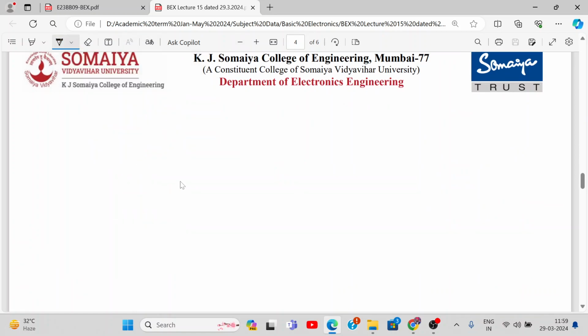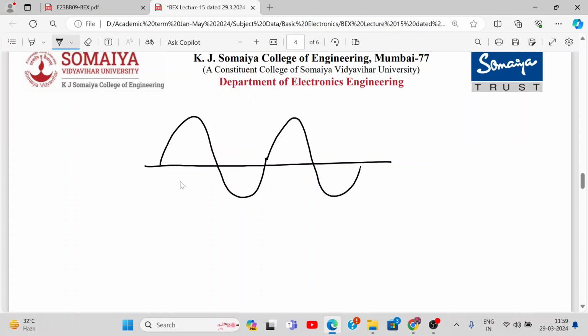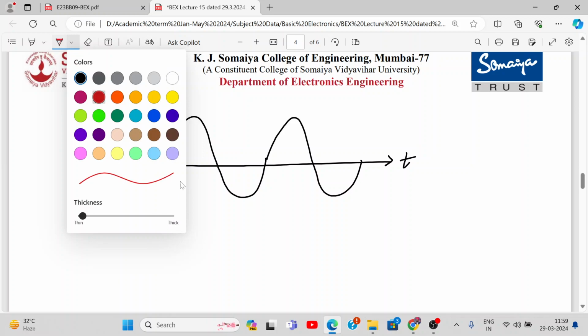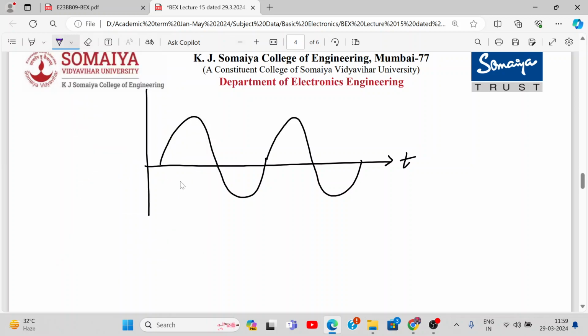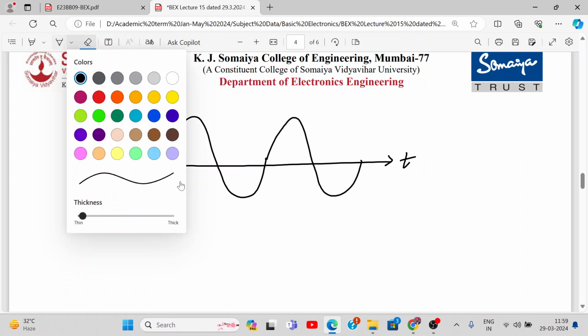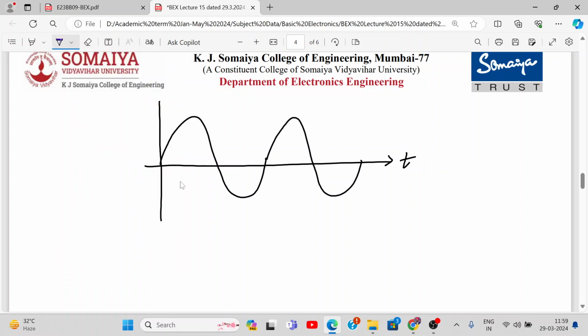So this is my sine wave. Okay. This is a sine wave, and I have another sine wave. This is time, of course. This is the amplitude of it. The height of this waveform is my amplitude. This part, this height is called amplitude.